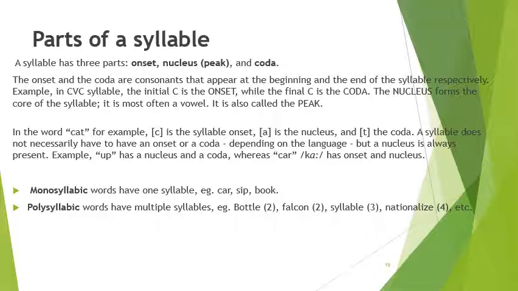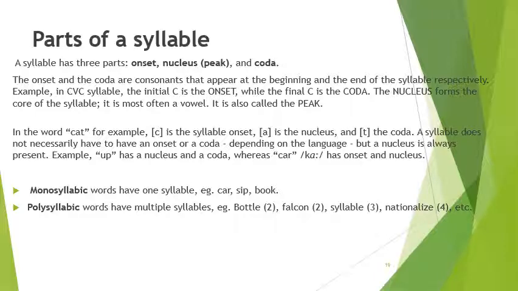Example, up has a nucleus and a coda, and you can have in a certain situation the nucleus and the coda, or the onset and the nucleus. For instance, up, the syllable has what? The nucleus and the coda. Whereas car has what? Onset and the nucleus.